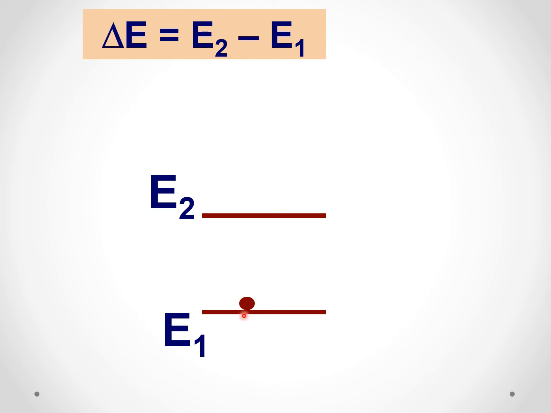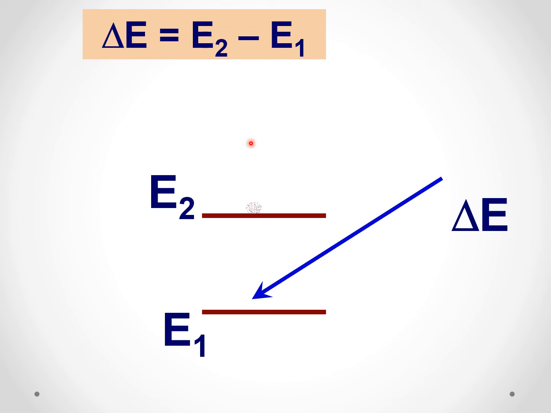So this species or this chemical entity has to absorb an energy equal to delta E if it wants to move from this energy level to this energy level. Okay. So suppose we are sending in a radiation which has an energy equal to delta E. So what will happen?